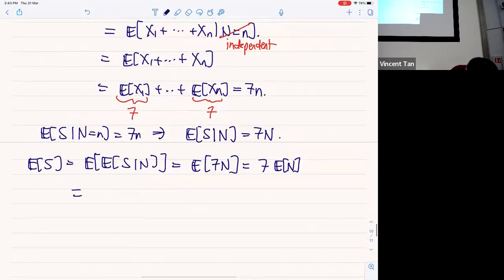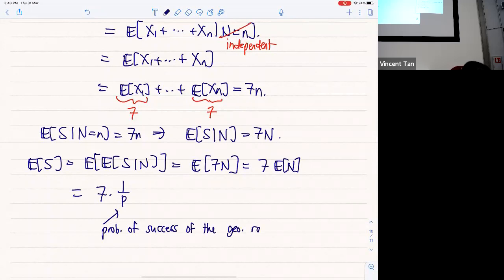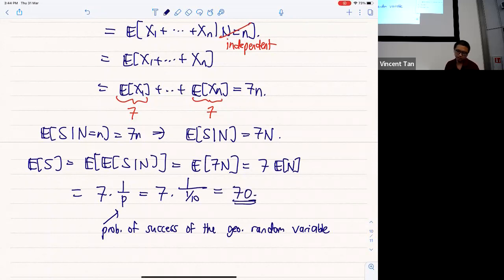So this becomes 7 times 1/p, where p is the probability of success of the geometric random variable, and this is 7 times 10, which is 70. Understand?